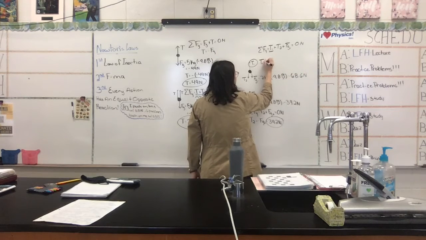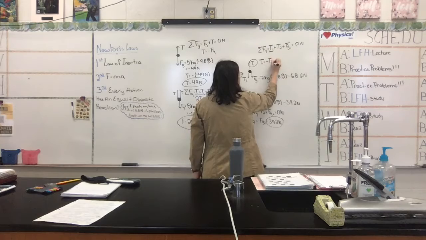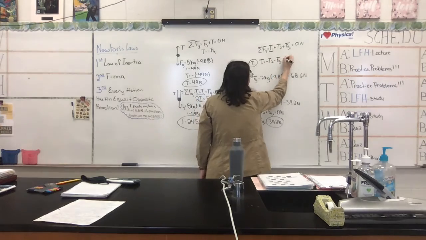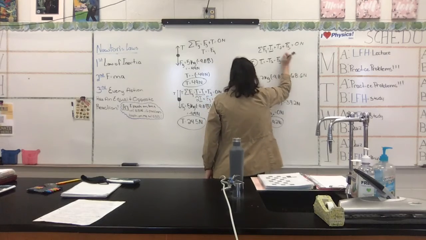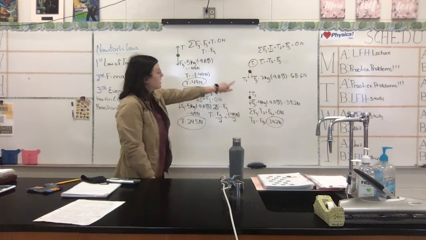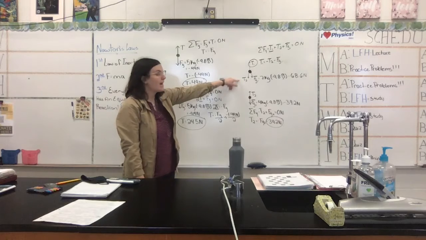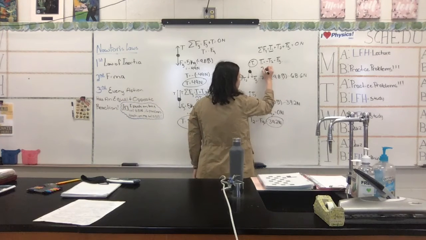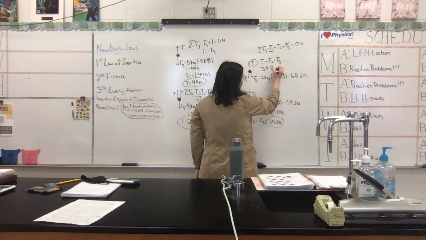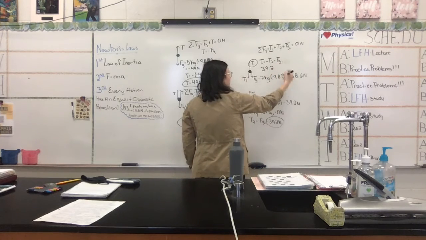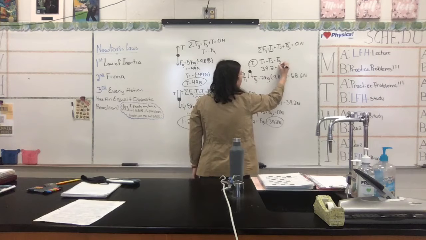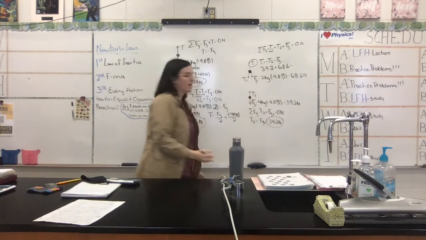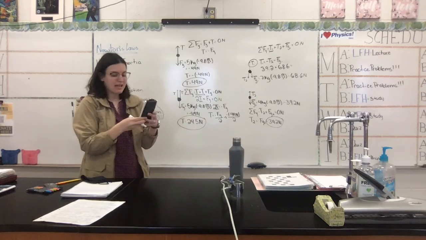So we're going to say T1 is equal to negative T2 minus Fg1. Okay, now T2 was already negative since it's pointing down, so it's going to now become positive 39.2. And then our Fg was already negative, so it'll become plus 68.6. So we're going to have 39.2 plus 68.6.